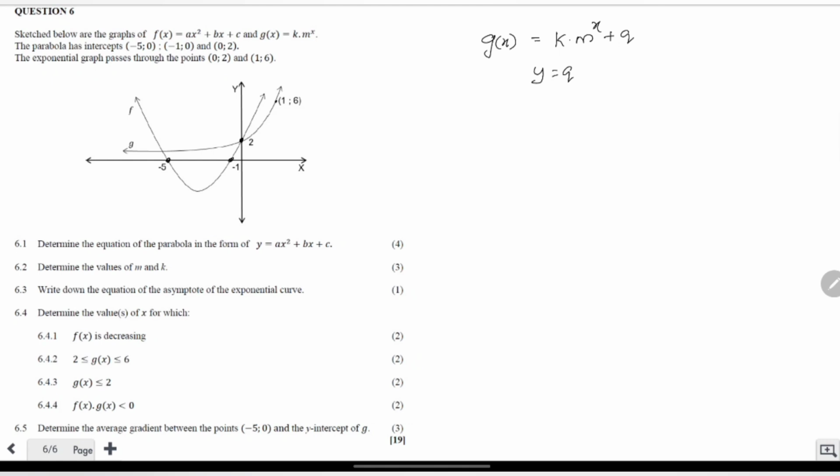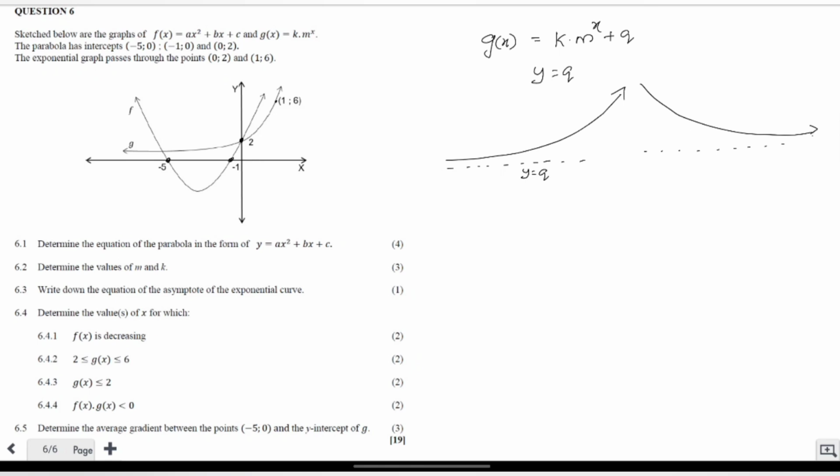Okay, you know that an exponential graph has an asymptote, and when you draw it, you have to draw a horizontal asymptote. Two types of exponential graphs are there. One is an increasing one, it will go like this, and the other one is a decreasing one, like this. Clear? And this horizontal line y is equal to q is the equation of the asymptote.